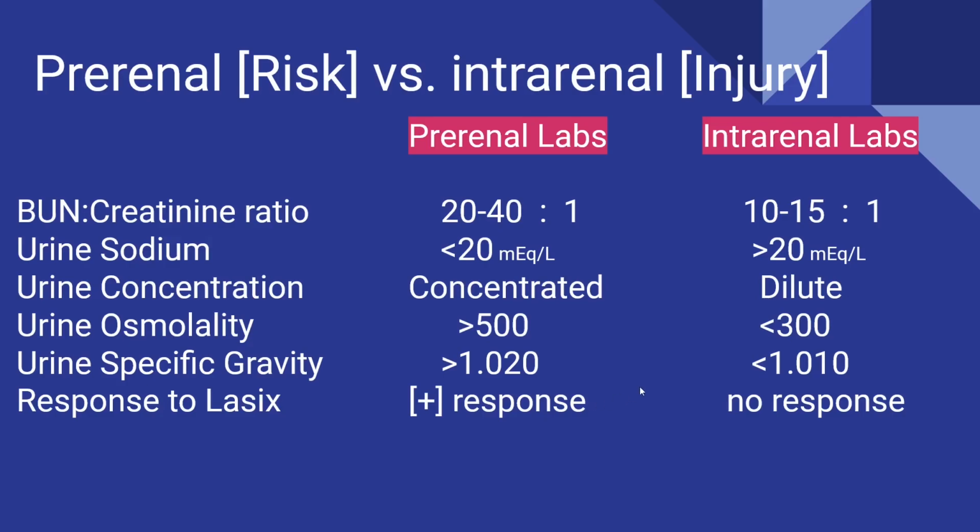And if you remember back to that picture where Lasix activates within the kidney, we should see some sort of response from a still functioning pre-renal injured kidney versus an intrarenal injured kidney. We shouldn't expect a response in intrarenal injury because that nephron has potentially died.